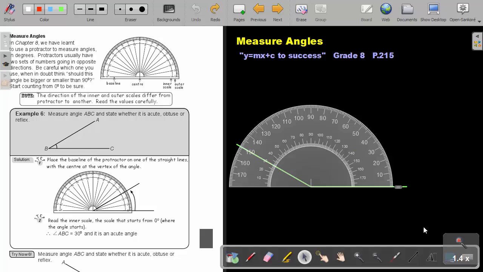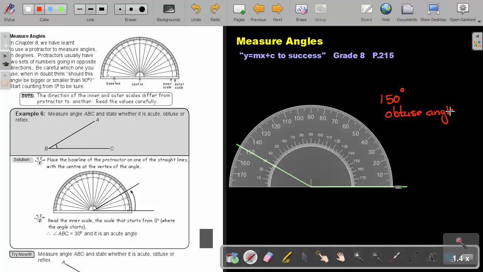I want to measure the angle from here to there, so I must look at what scale starts there at 0, and that will be the outer scale. So it will be exactly 150 degrees. And because it's between 90 and 180, we say it's an obtuse angle.